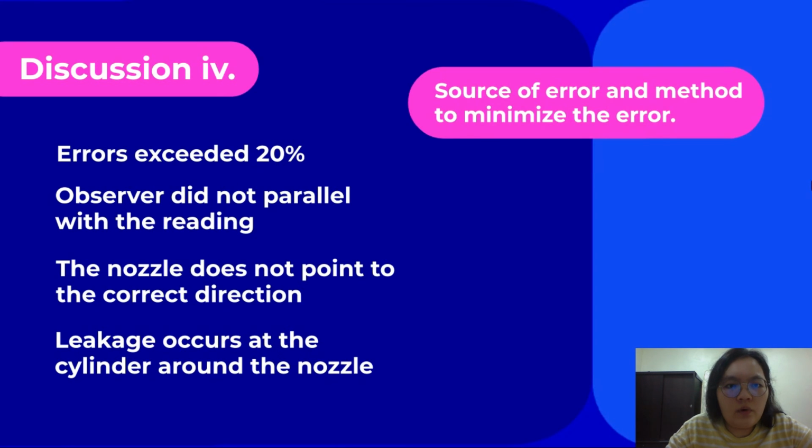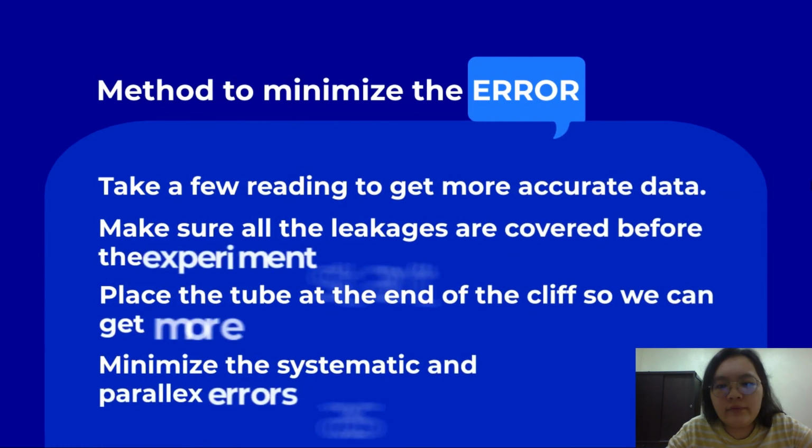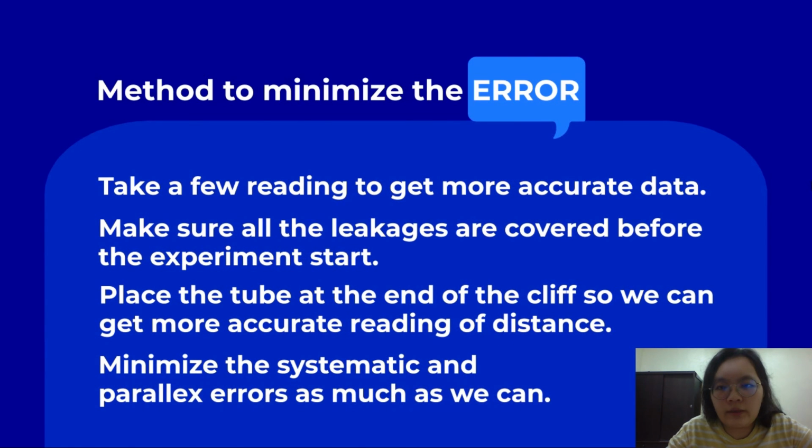Leakage will also occur at the cylinder around the nozzle. This will affect the velocity of water. The method to minimize the error is that we should take a few more readings to get more accurate data. Moreover, we should make sure all the leakages are covered before the experiment starts.